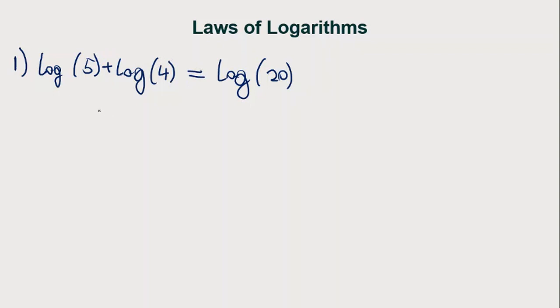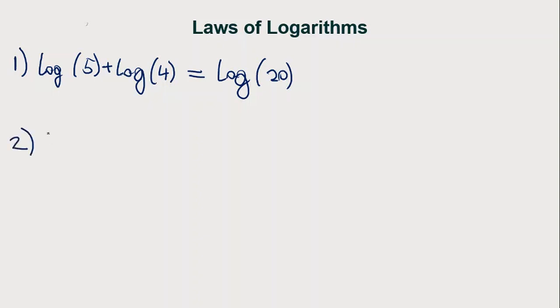So there is definitely a connection between laws of indices and laws of logarithms. They just operate the other way. Multiplication of exponentials results in adding up indices. Here, adding up logarithms ends up with the product of the arguments.